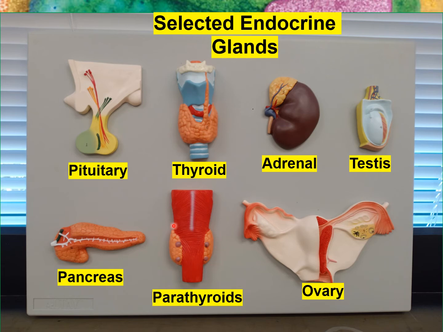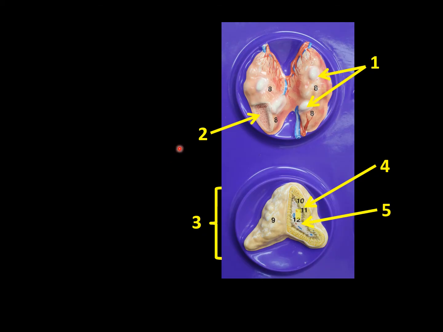On the posterior of the thyroid gland, we have the parathyroid glands. In this case, we have two superiorly and two inferiorly on the lateral lobes. Can you tell what this structure is? That's right, it's the thyroid gland. And this is showing us the dorsal aspect. So this is one lobe, this is a second lobe.